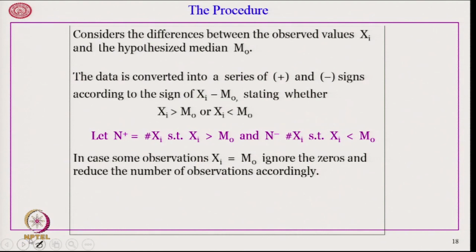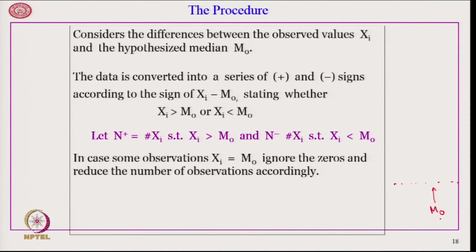So, what we do here in the one sample sign test is the following. It considers the differences between the observed values x i and the hypothesized median m naught. What does it mean? Suppose these are my observed values and suppose this is my hypothesized value m naught.